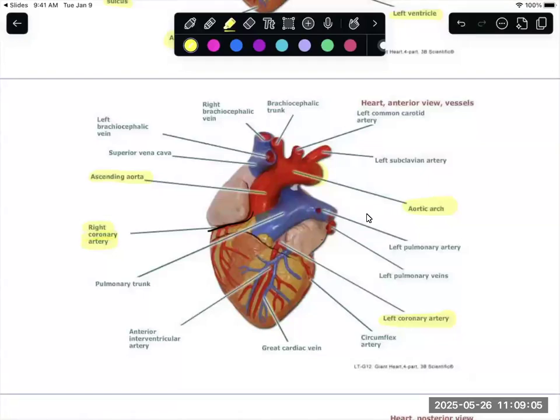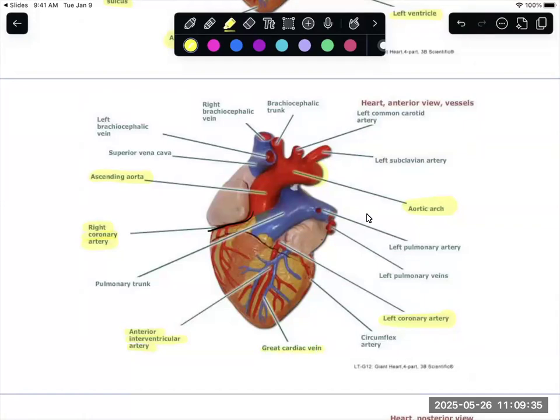Now, if we look coming off of this left coronary artery, one of the first branches is going to be the anterior interventricular artery. Anterior, it's on the front of the heart, interventricular, between those two ventricles, and it's carrying oxygenated blood, so it's red. We also have the great cardiac vein.